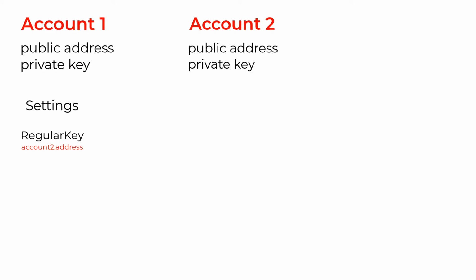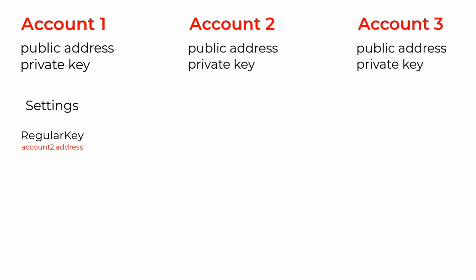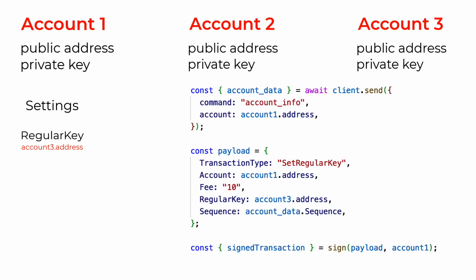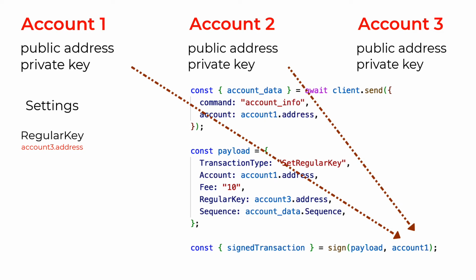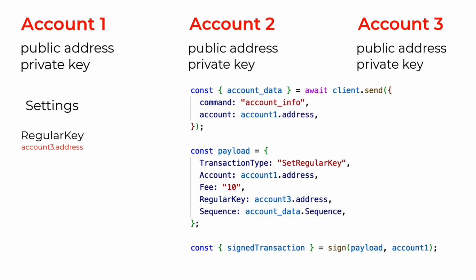Now we shall see how to change an existing regular key. Let's create another XRPL account and assign it as the regular key. This transaction can be signed by the master key or account 2, as account 2 is still the regular key of the main account. And observe here, the sequence number we are fetching should always be that of our main account, and we are making this transaction on behalf of the main account.